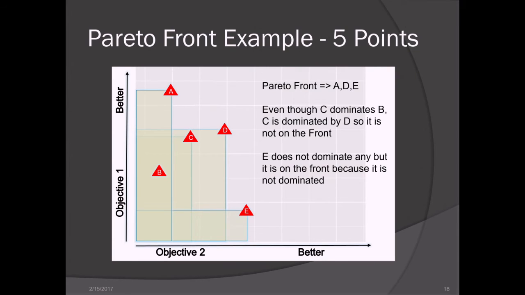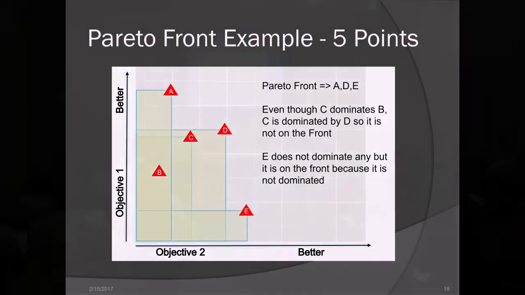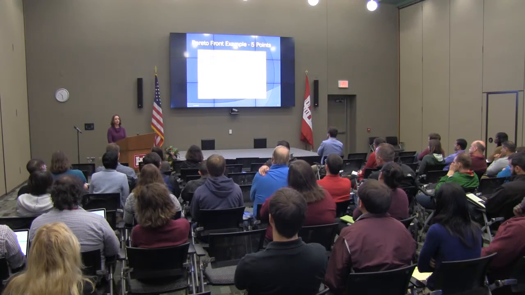Well, E obviously doesn't dominate any of the other points that are on this slide, but it does get put on the front because it itself is not dominated by any other point. Okay, so the Pareto front is the points that are not dominated by any of the other points.